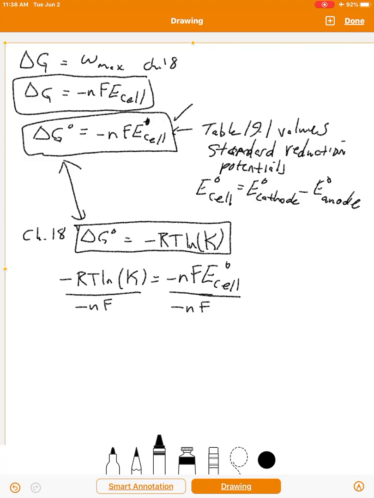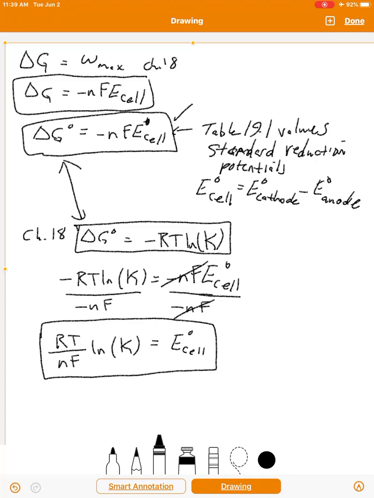So if you divide by minus nF, the negatives cancel, and you've got RT over nF. I'm just going to write it out a little differently here on the left: R times T times ln K divided by n divided by F, just to make it look prettier. And there you go.